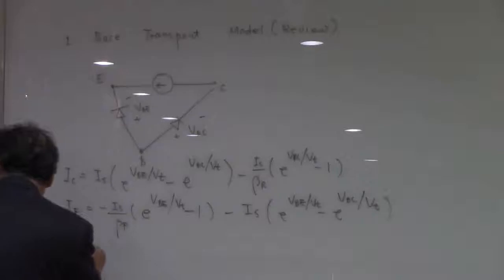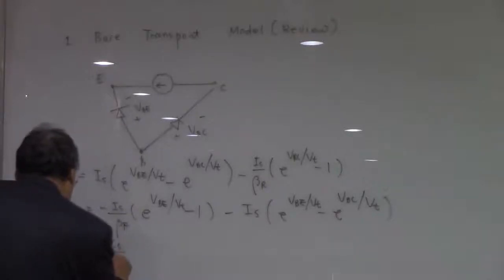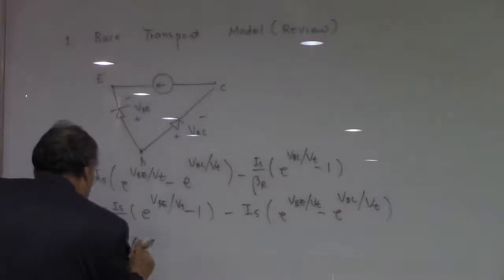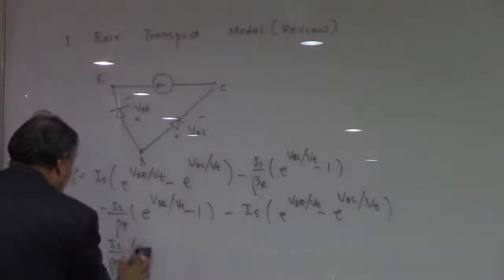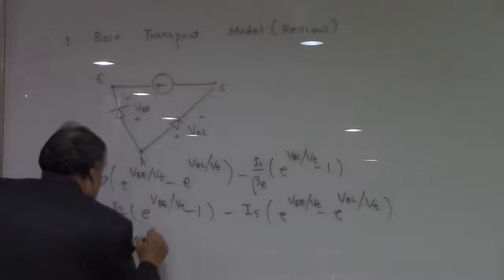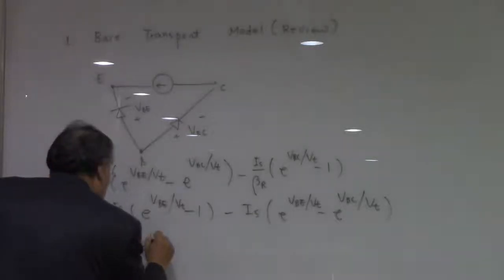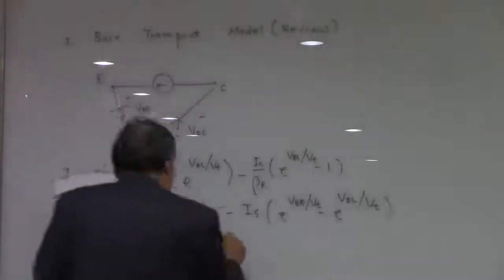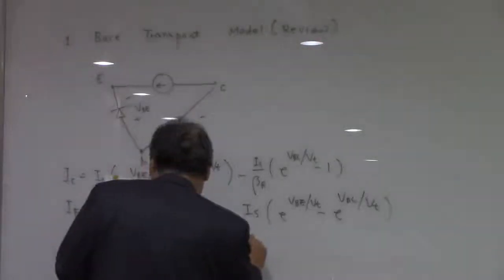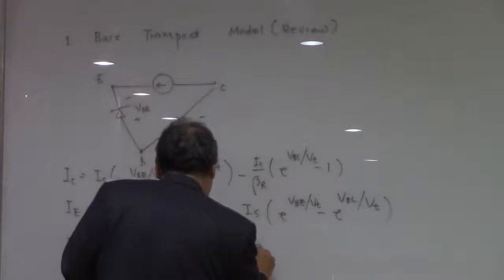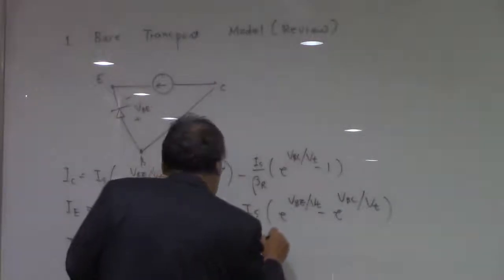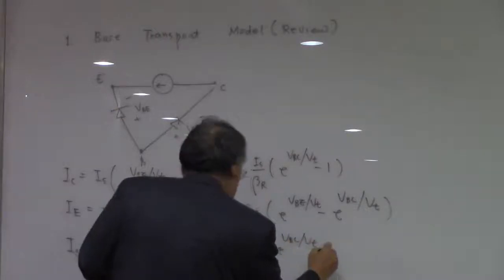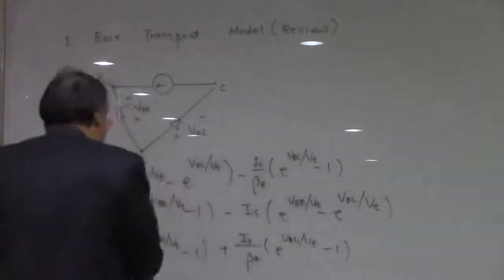and IB, it's going to be IS over beta F, free BE over T minus 1, plus IS over R, it's free BC over free T minus 1.